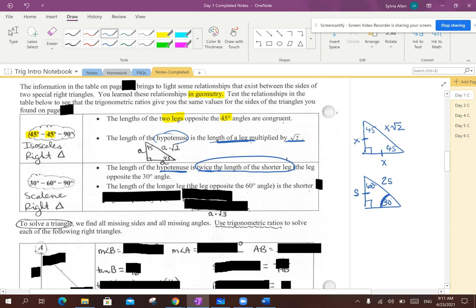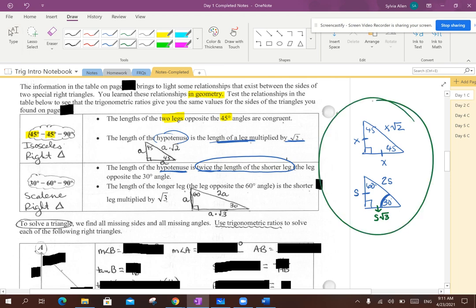Then the length of the longer leg, which would be opposite the 60 degrees, is going to be the length of the shorter leg, which is S, times rad 3. Okay. And so that's what this diagram is implying. Okay. So if we know those properties, we can solve these 2 types of triangles without a calculator.